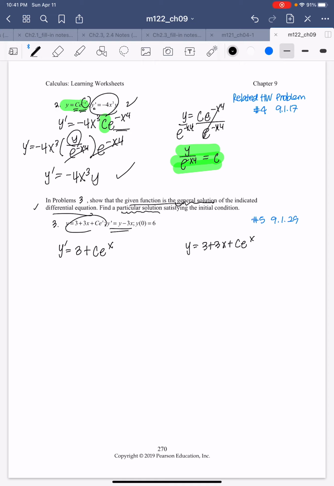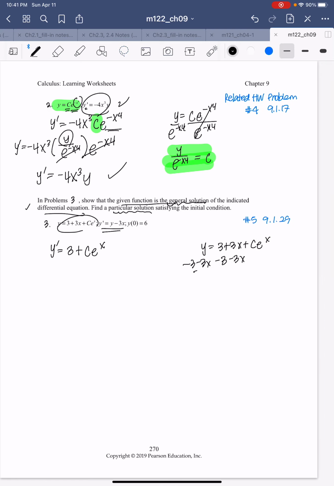Let's solve for c. I'm going to subtract 3 and then subtract 3x from both sides. So I'm getting y minus 3 minus 3x is equal to c e to the x.